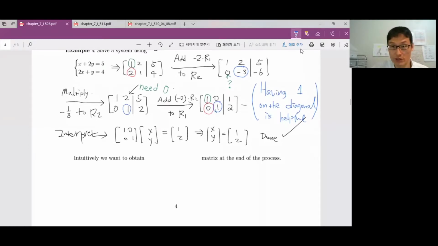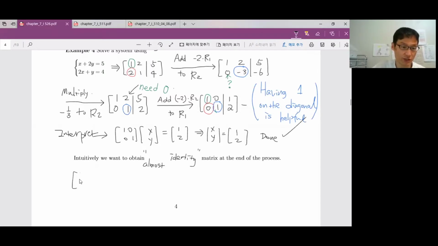So the next sentence is about our goal. Intuitively, we want to obtain the identity matrix. But it turns out that it is not always the identity. In many cases, it is kind of identity, almost identity.